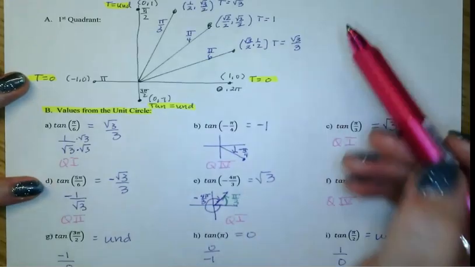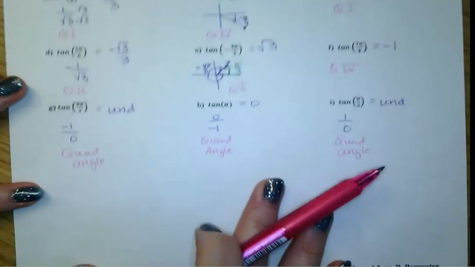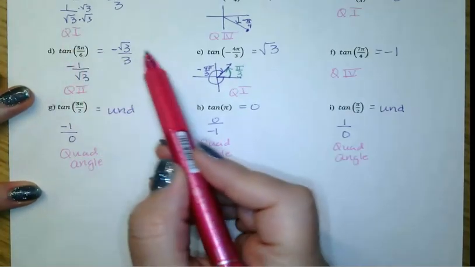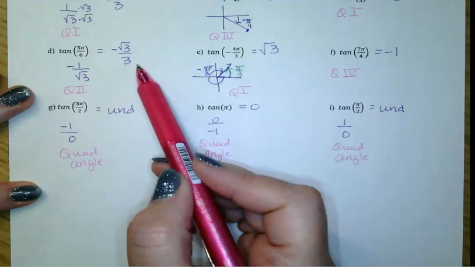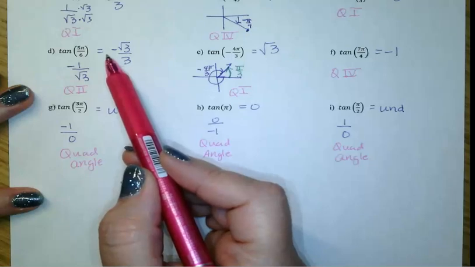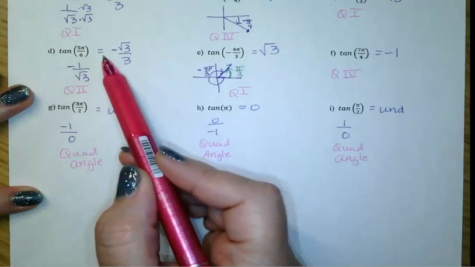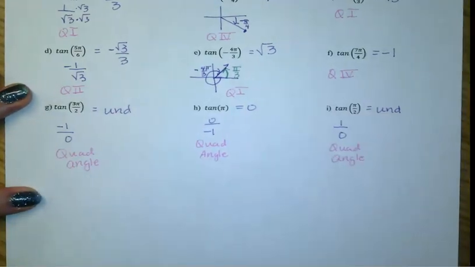If I know that my tangent value for pi over 6 is root 3 over 3, then this multiple angle is also going to be root 3 over 3. And then I just adjust the value based on what quadrant it's in. In quadrant 2, I have one value that's negative, one value that's positive, so my answer is always going to be negative for tangent in quadrant 2.